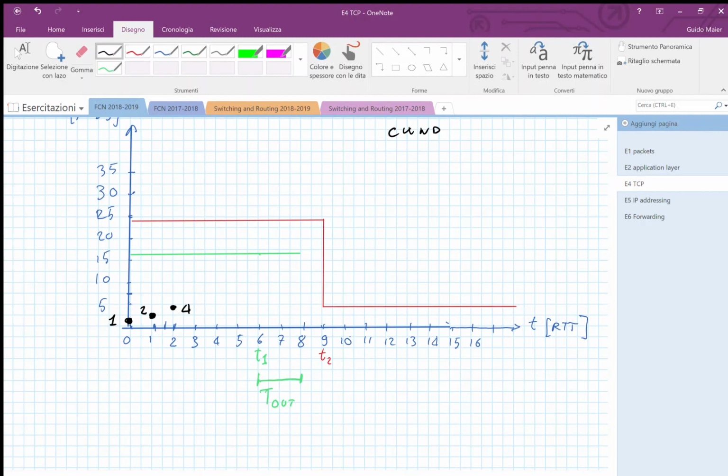All the ACKs are coming back, so we go to 8. Okay. Another round trip time, and all the ACKs come back, we arrive to 16.